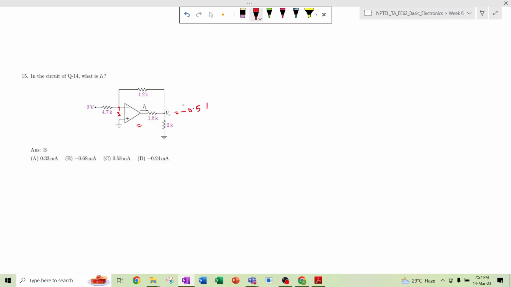Now if we apply KCL at this node, so 0, because it is grounded, 0 minus of minus 0.51 divided by 1.2, this is this resistance, the current flowing through this, plus I1, that is the current entering through this node, is equal to minus 0.51 divided by 2k, that is the current flowing in this term.